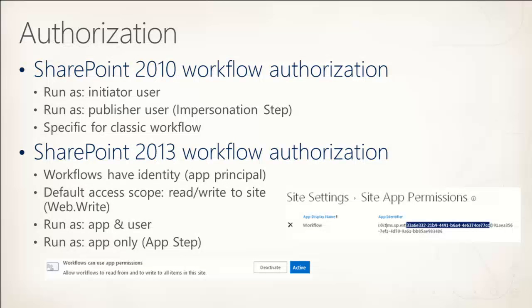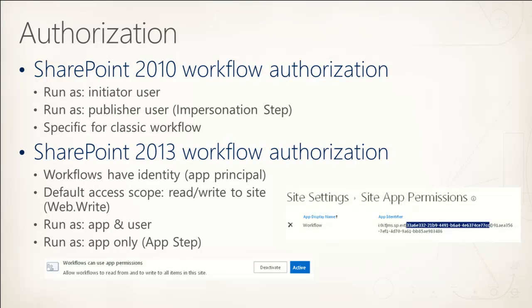These were unique to workflow, so that authorization model was really only supported by workflow. But now in SharePoint 2013, apps have an identity that SharePoint understands. And as you'll see, because workflows themselves are apps, workflows also have an identity from the point of view of SharePoint.